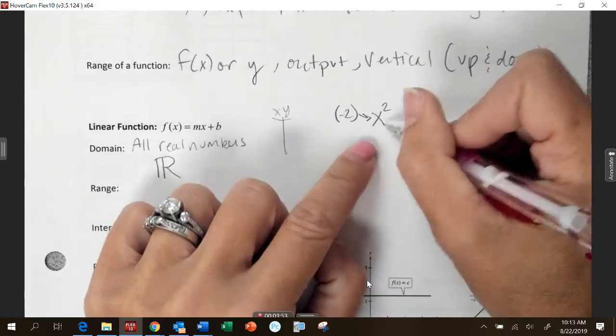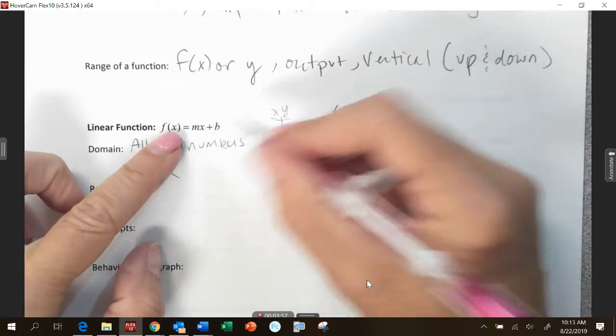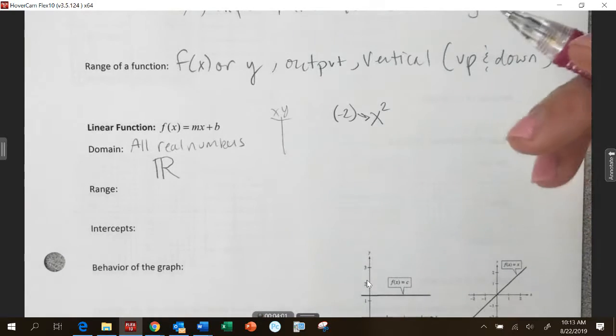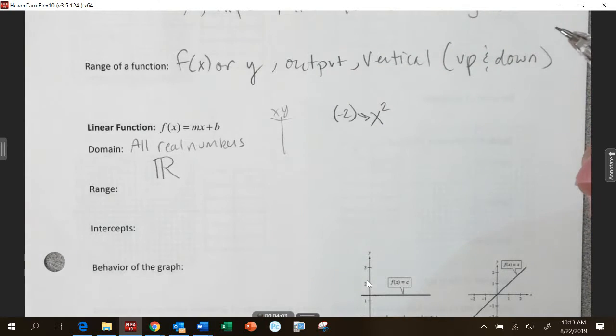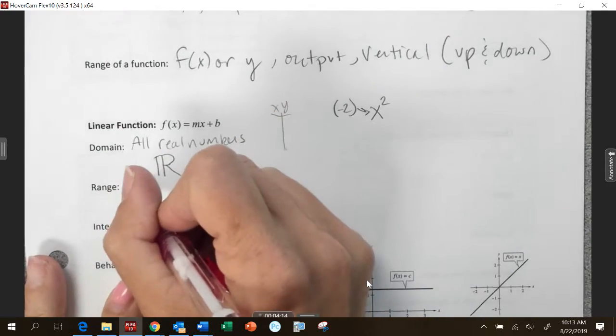It becomes positive. We would never get negative numbers out of here. If I put an x into a linear function, will I get all real numbers? Lines go from all the way down to all the way up. So for linear functions, all real numbers would be the range.